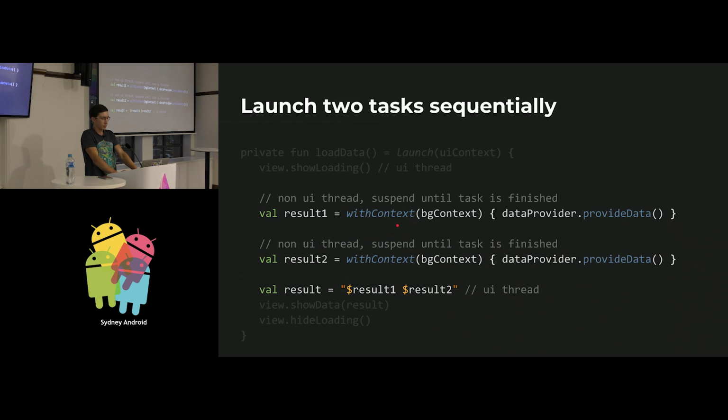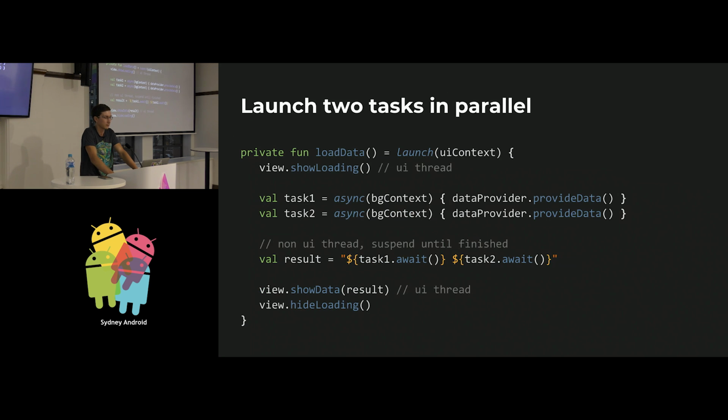The next question, which you probably have, is: okay, then how would I launch two tasks in parallel? In this sample, it's pretty much the same, except, again, the middle part. Here we are replacing our with context function with the async function.